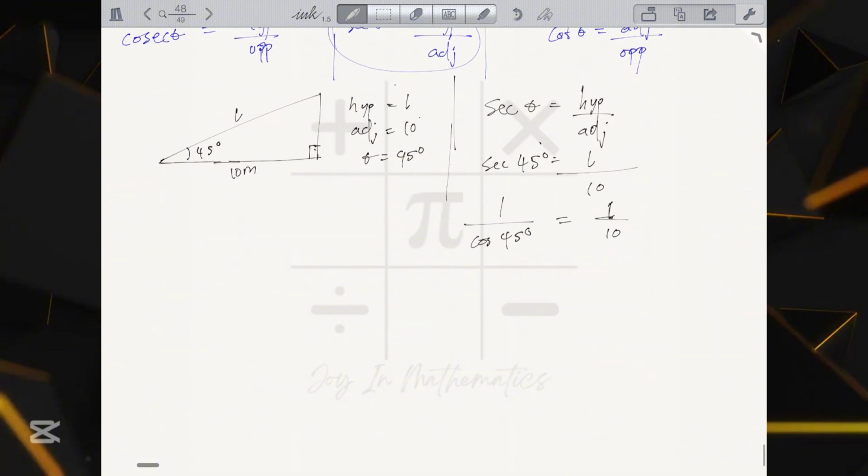So we can find an expression for L now, making L the subject of the formula. Therefore, L will be equal to 10 divided by cos 45 degrees.